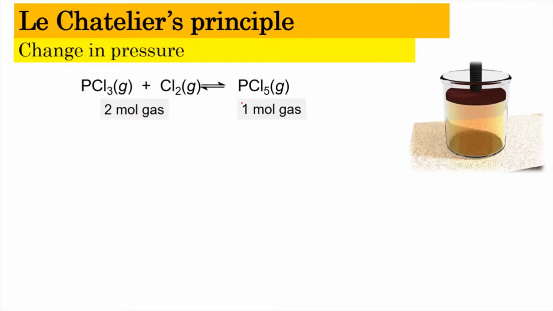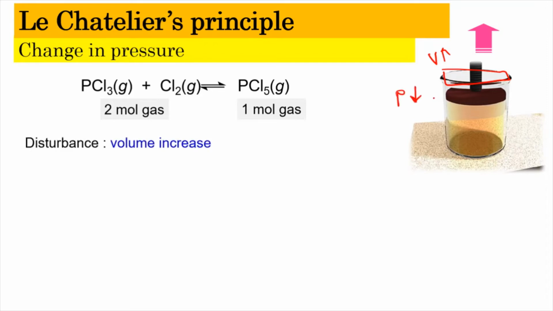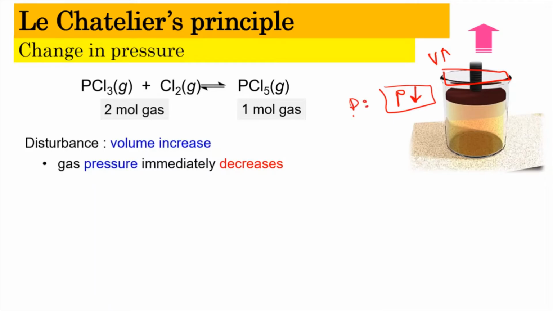Now we're going to look into the next situation in which we're going to increase the volume. So when the volume is being increased, we know that our pressure is being decreased. Okay, so when the volume increases, our gas pressure will immediately decrease. Okay, so here is our disturbance.